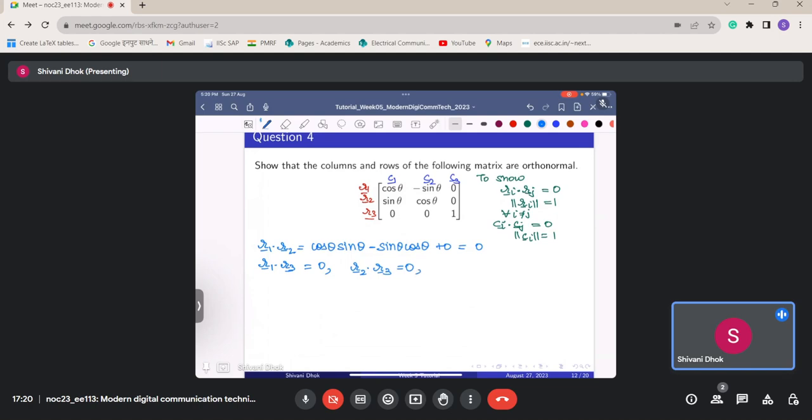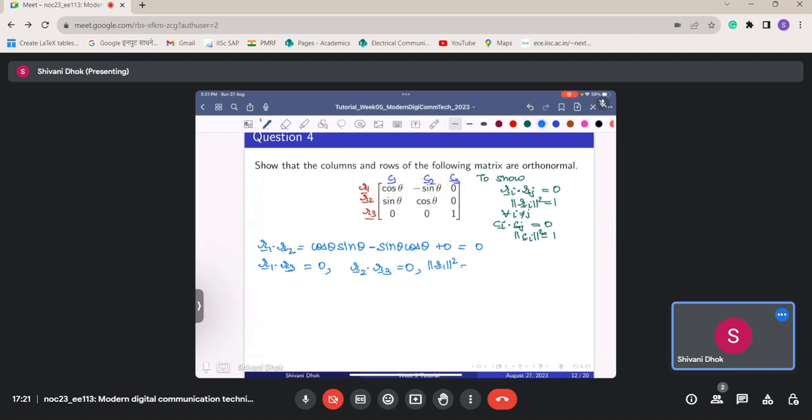Now let us look at R1 squared. If the norm is 1, then its square should also be equal to 1, so it is equivalent to show that if its square is equal to 1, then it is orthonormal. Till this point we can say that this is orthogonal because all of the dot products are 0. Now norm of R1 squared is the square of this quantity plus square of this quantity plus square of this quantity.